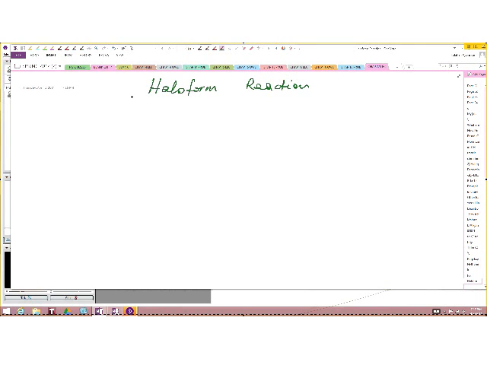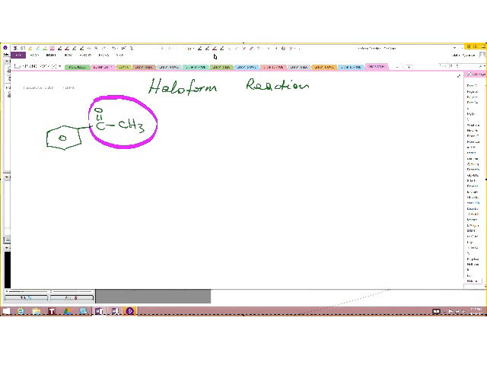If you take any compound that has what we call a methyl ketone, any compound that has this kind of functional group right here, a carbonyl of a ketone, keep in mind a carbonyl of a ketone, and a methyl group attached to it.